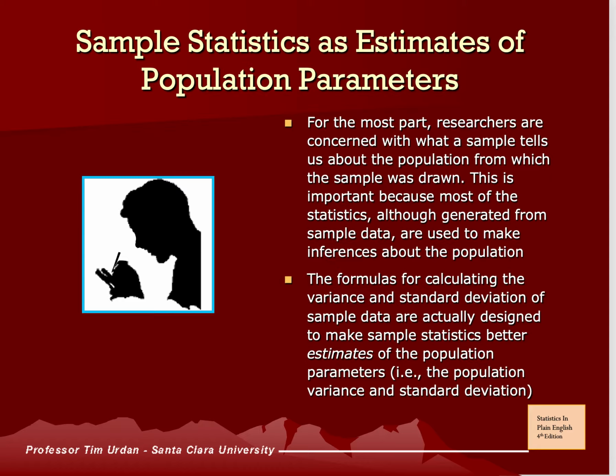This is why the formulas for calculating the variance and standard deviation are really designed for samples, because they give us good estimates of a population. So you will see different symbols for the mean and the standard deviation depending on if it's a sample or population. And the key there is just letting us know if we actually have a subset or if we're working with the actual population.